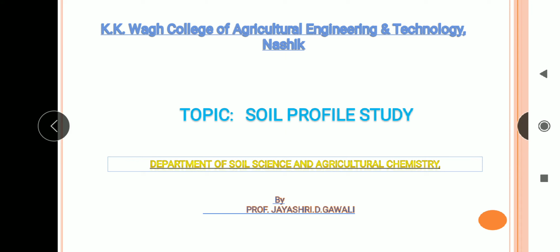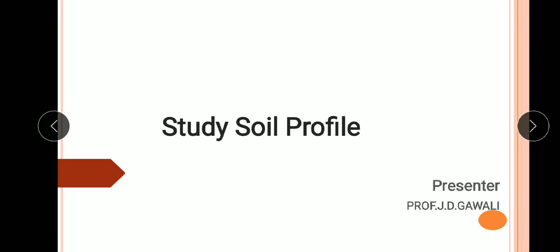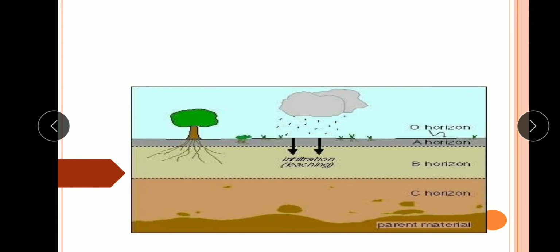Today we discuss the topic of soil profile. In this picture, let us look at the side view, the vertical section cut through the soil to the underlying solid rocks. It shows the soil profile.